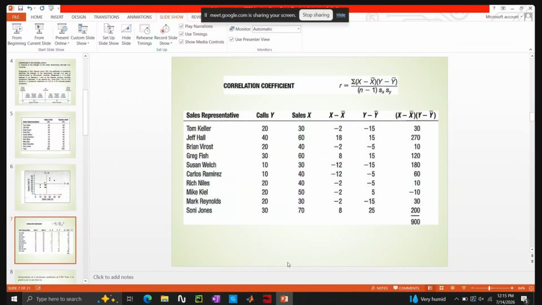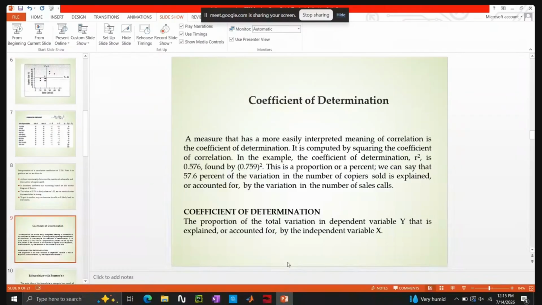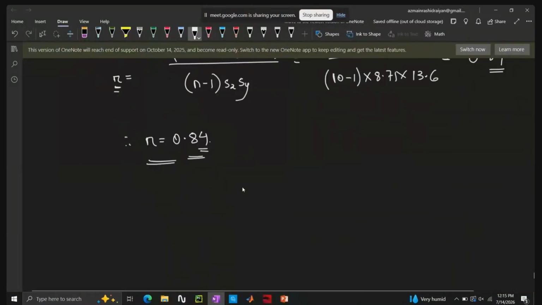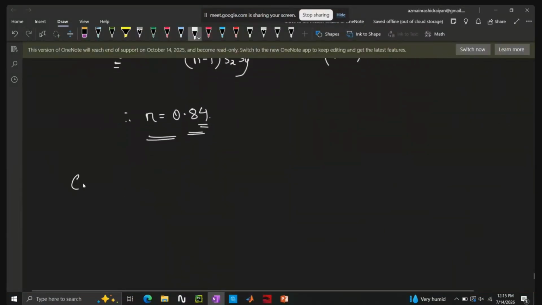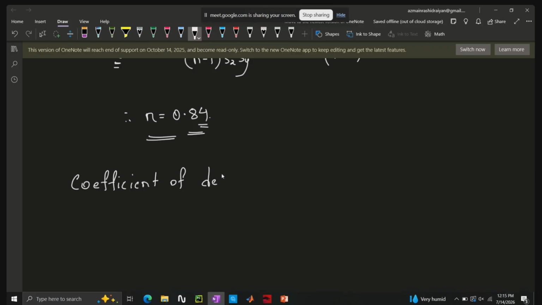Now let's move on to another value, which is the coefficient of determination. The coefficient of determination is basically the square of the correlation coefficient. Let's say our correlation coefficient value is R. Then our coefficient of determination will be R square, which is 0.84 squared.